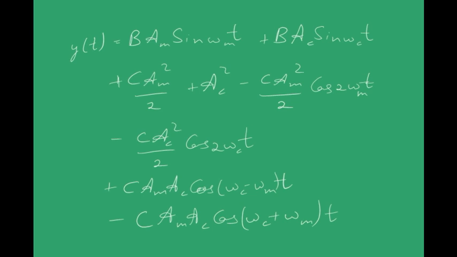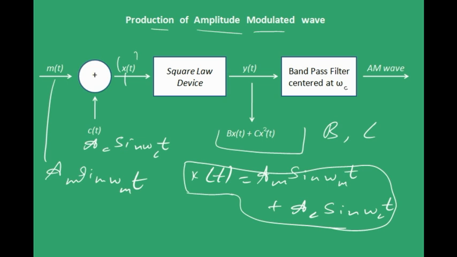You just have to expand it, and note that in this y there is omega m, there is omega c, and there is 2 omega m, there is 2 omega c, and there are these frequencies also, omega c minus omega m and omega c plus omega m. So there are many frequencies. That is why we are using something called a band pass filter.